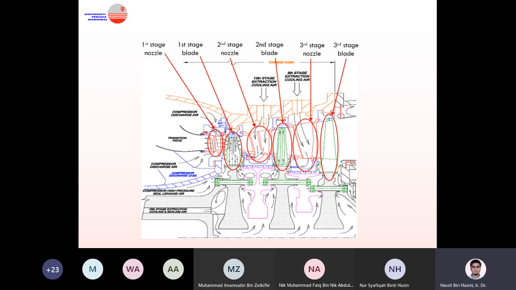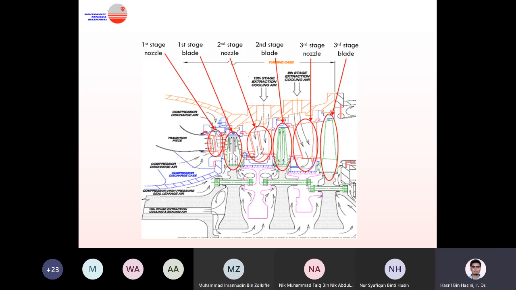Definitely it will melt. So there are technologies used to make sure that the first stage turbine blade is protected from the hot exhaust gas.